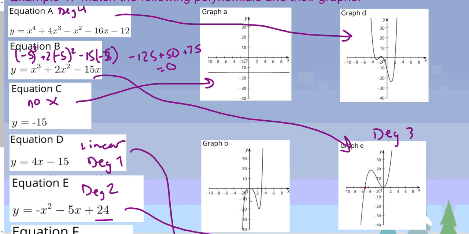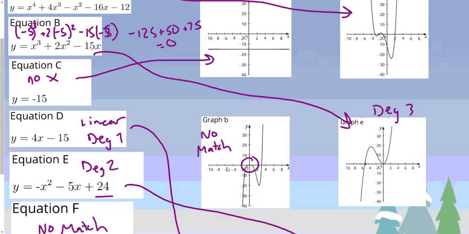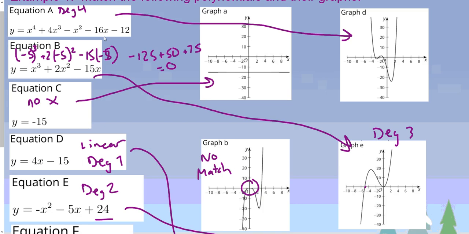Now this one does too, but this one's got something kind of funky going on here. Kind of an odd little flat part to the graph that's not like an exact hump. So that one has a little bit of a different behavior. So it looks like we don't know what the equation is, no match. Okay, perfect.